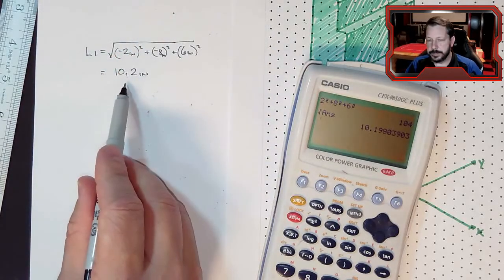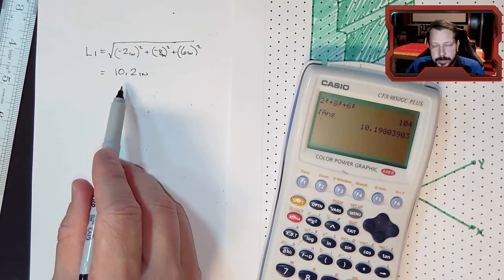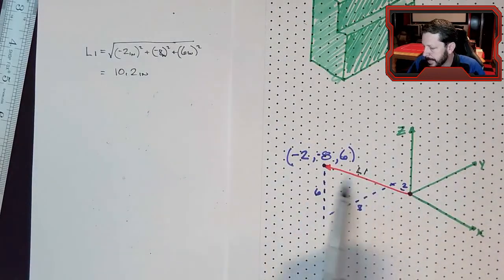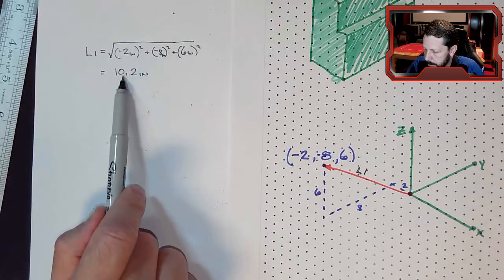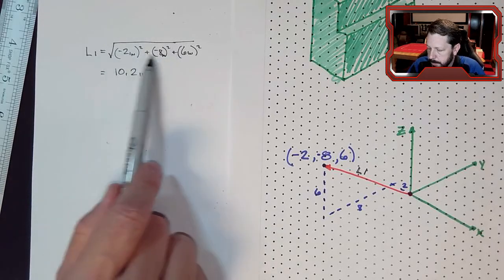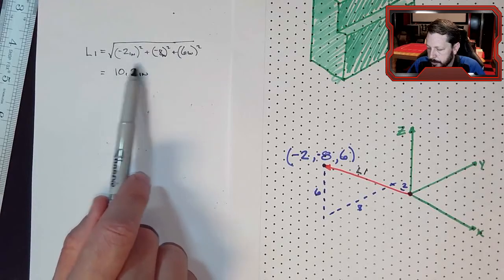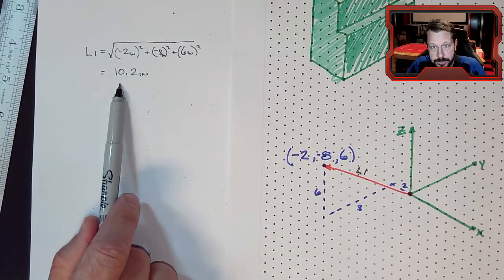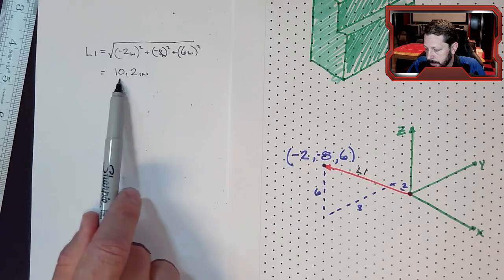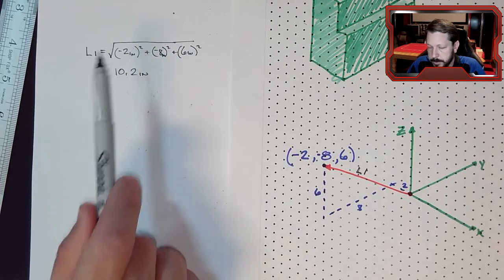So a little check you can do here. It's tough to estimate distances on the 3D picture, but one thing you can do, anytime you take all the components, square them, and take the square root, is that the hypotenuse, or the resultant, is always going to be longer than any individual component.